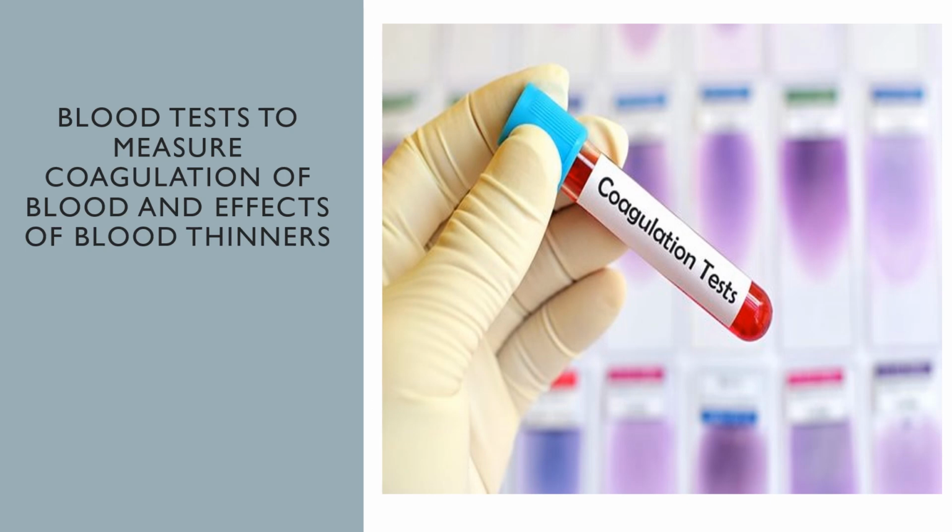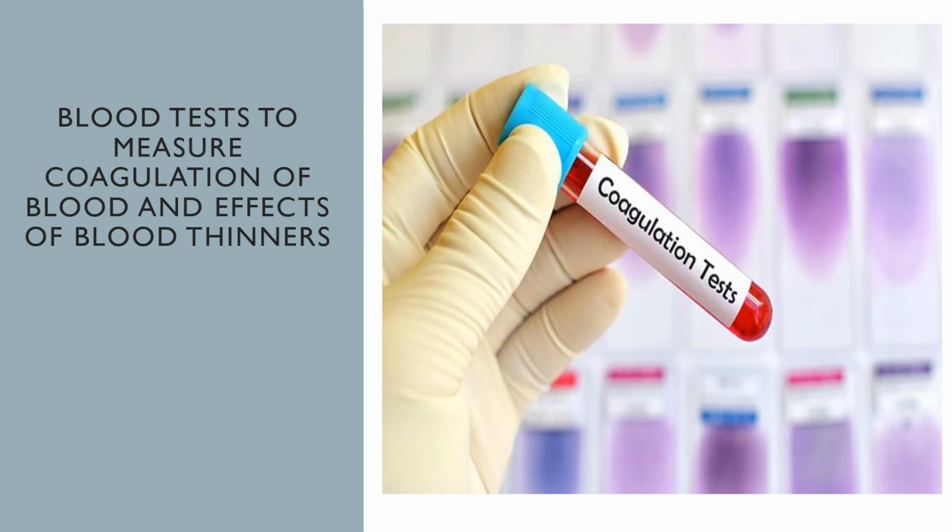Okay, so when we're using anticoagulants that block the coagulation system, we often need to monitor how much we are blocking the system. How much are we inhibiting the system from forming a fibrin clot?